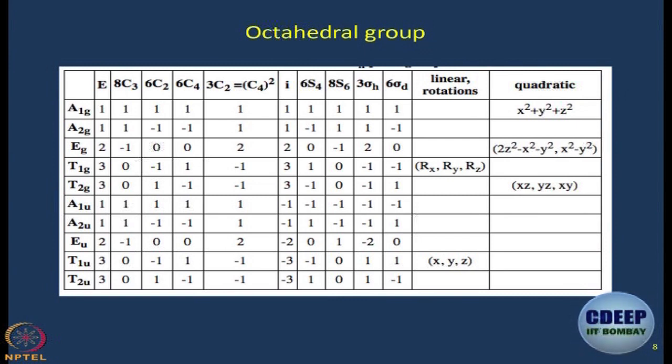Okay. What does that mean? That these 2 d orbitals are going to have the same energy, these 3 d orbitals are going to have the same energy. So, just by using symmetry without anything else, I can tell that d orbitals should get split into 2 different groups. One is T2G, one is EG.